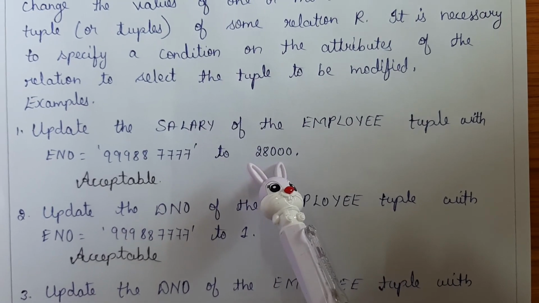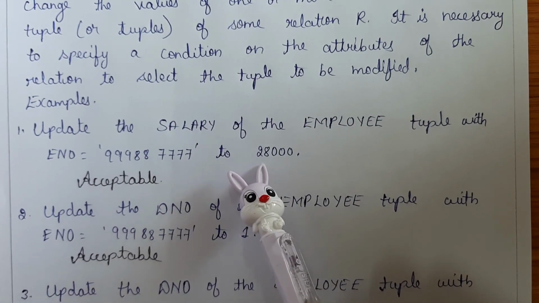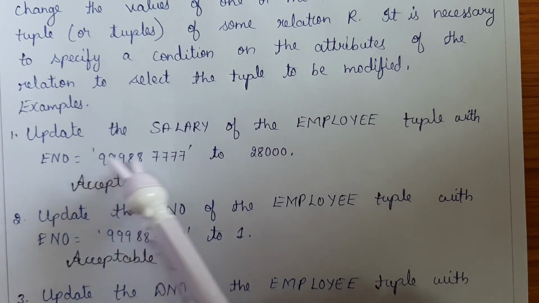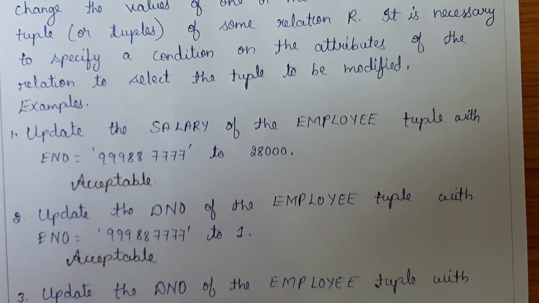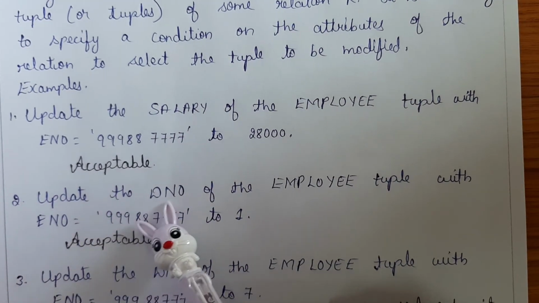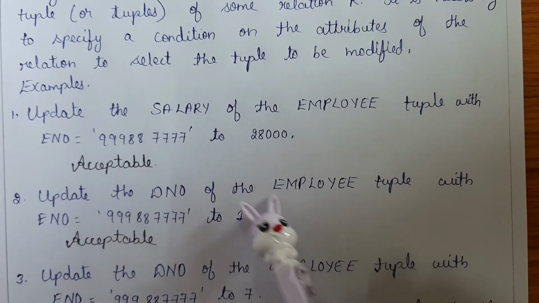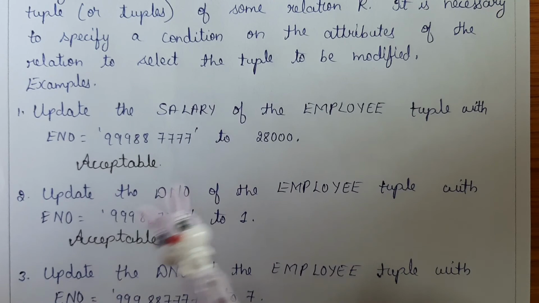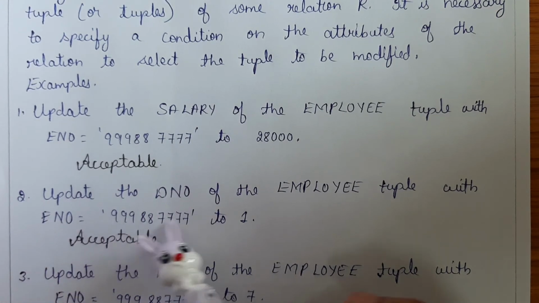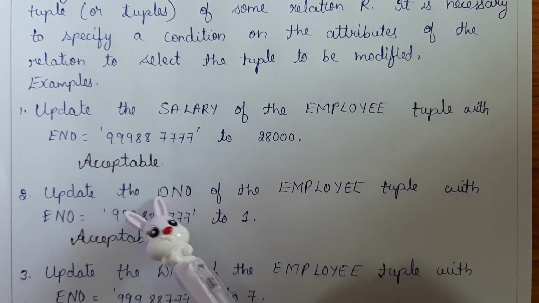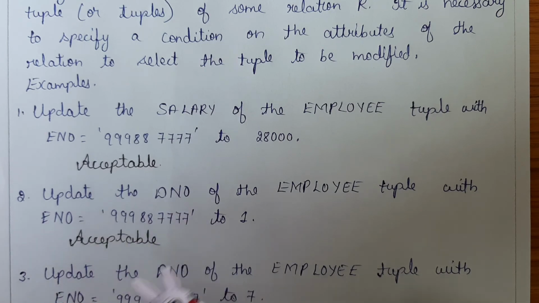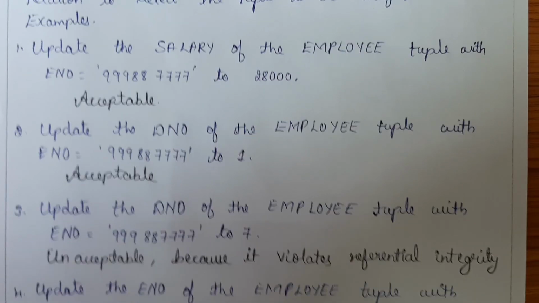We just have to change the salary of the employee with this employee ID. So this is acceptable. Next, we update the department number of the employee tuple. In the employee table, for one of the rows, we are changing the department number to 1. Even this is acceptable.